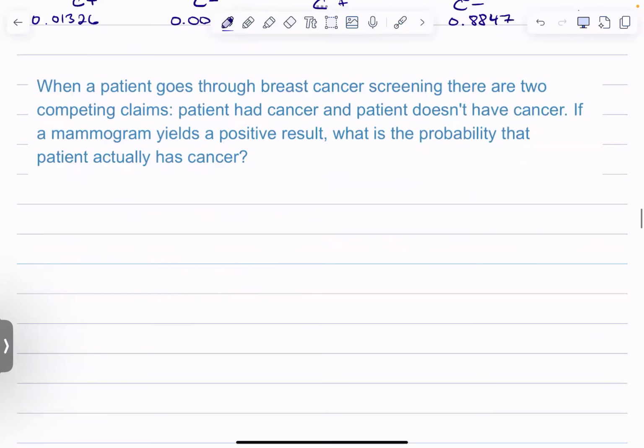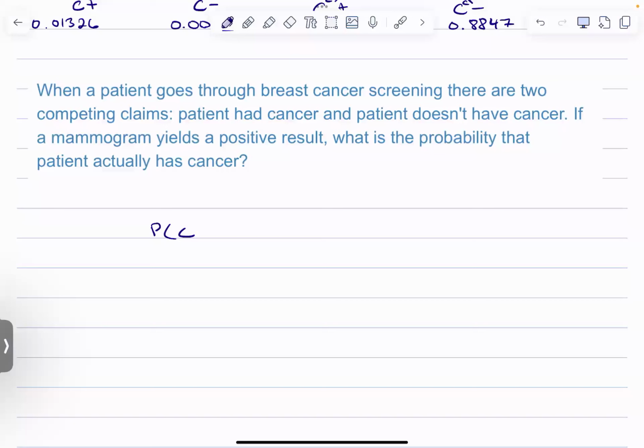So we want to find the probability that they have cancer given a positive result. You just roll it out like we have been doing. Then using the formula on your formula sheet, you take the cancer and positive result in the numerator, and then you divide by the probability of just the second one on its own.